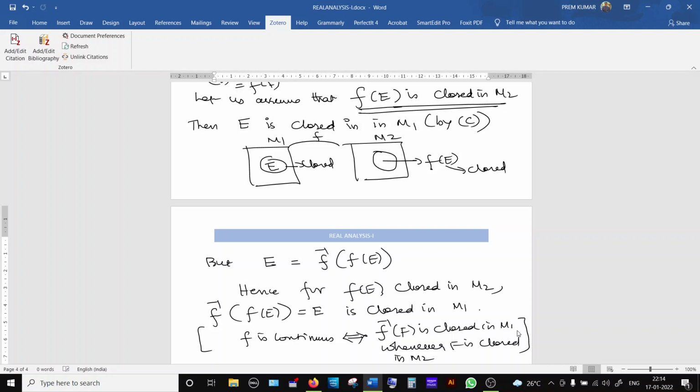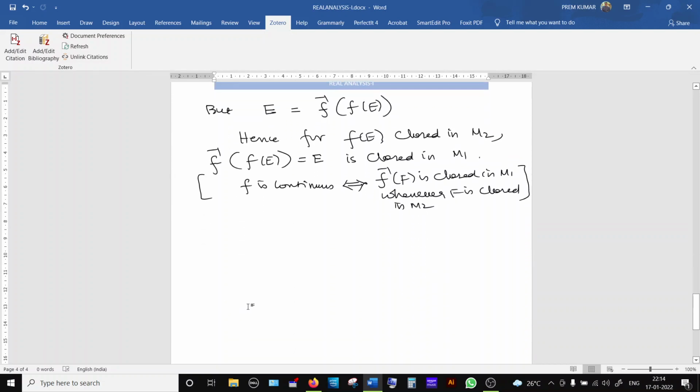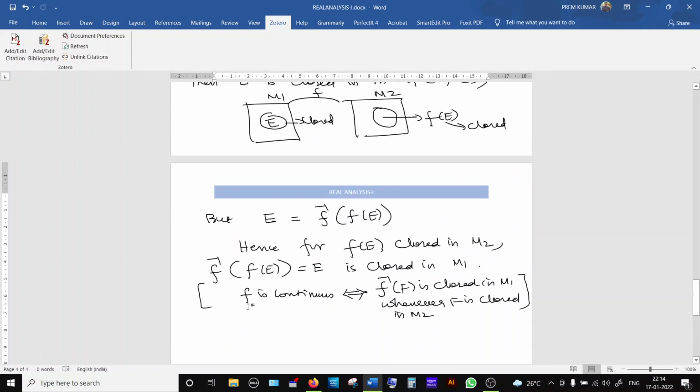This is the result we proved before this theorem. So using this result only we are going to come to the conclusion.